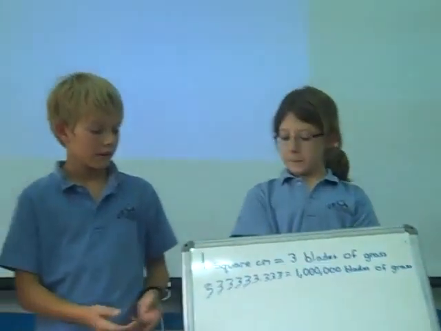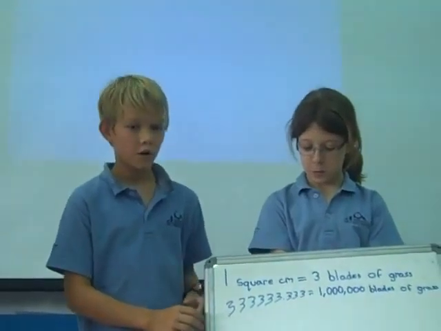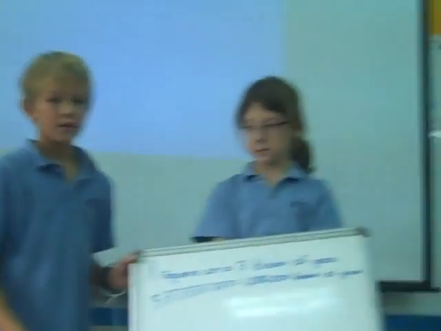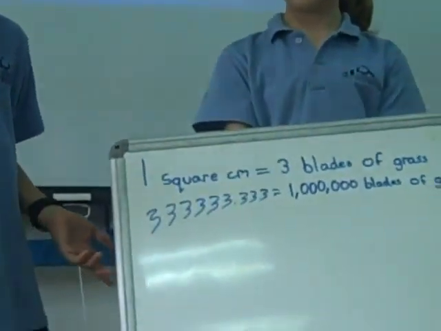What methods did you use to plan or complete this task? So what we did was we first calculated an average of 1 square centimeter so that we could see how much that was.